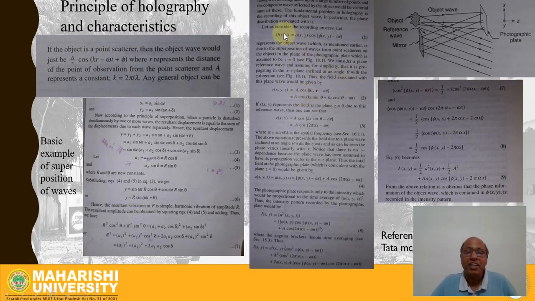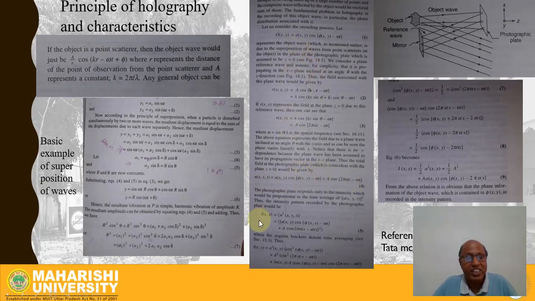Now, if I take the resultant of the two, of course, this equation has been simplified to this form, assuming that we are taking an image at z equal to 0 on the photographic plate. So this equation will reduce to this one, right? Now if I take the resultant of these two waves, you get a resultant wave equal to the sum of these two waves, right?